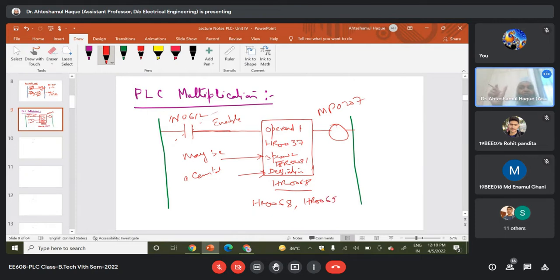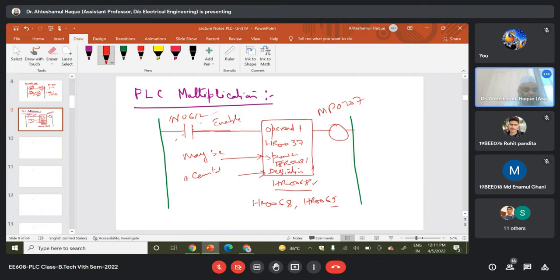Two 8-bit registers will be used to store the destination, which will be 16-bit most likely, and that is why the 16-bit register is used. Although in the ladder diagram one register address is mentioned, it is understood that the next register address is clubbed with it. Right. So that is how the operation is performed.